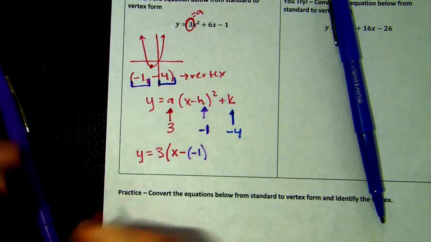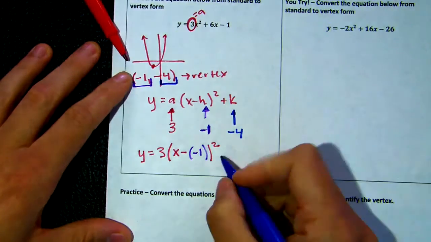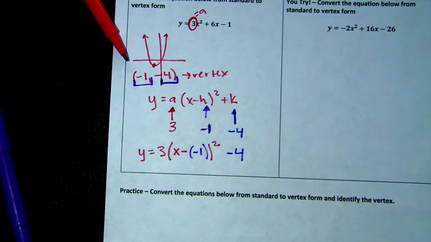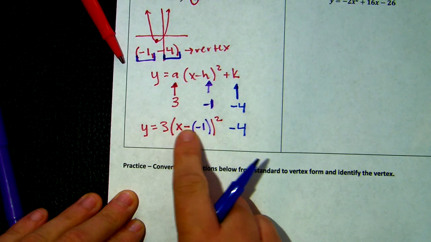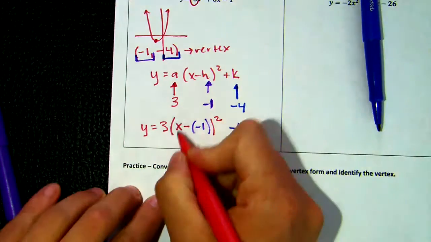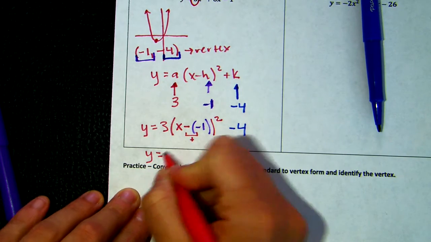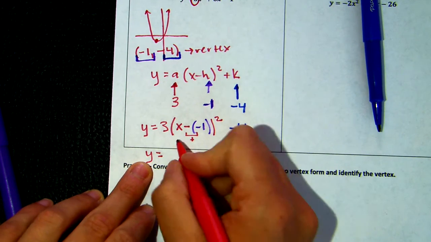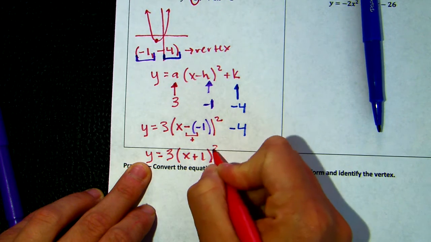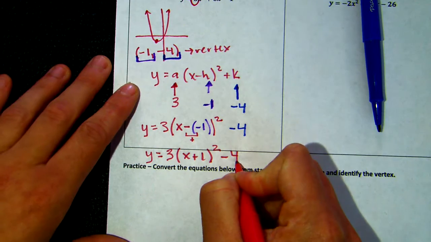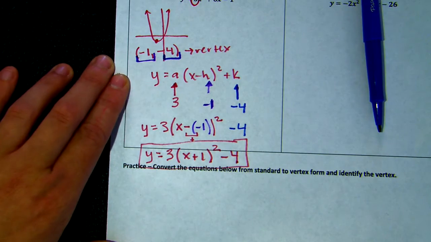That was my h value. Squared minus 4. And final thing here, this minus a negative, remember that this becomes a positive. So my final equation in vertex form is going to be 3(x plus 1) squared minus 4. And that is my equation in vertex form.